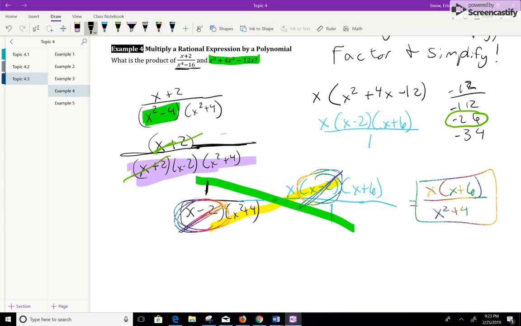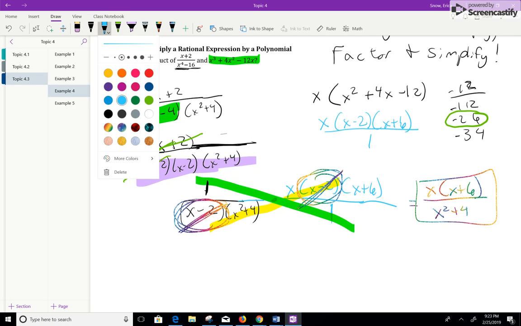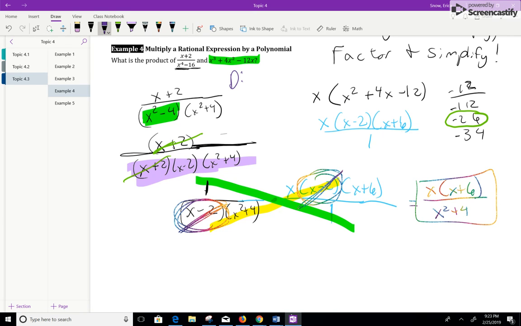So your domain, and I'm actually going to write it in purple pen to match, x cannot equal negative 2, positive 2, and then this is always positive, so we don't take that into account. So your domain, x cannot equal 2 or negative 2. Don't forget that.